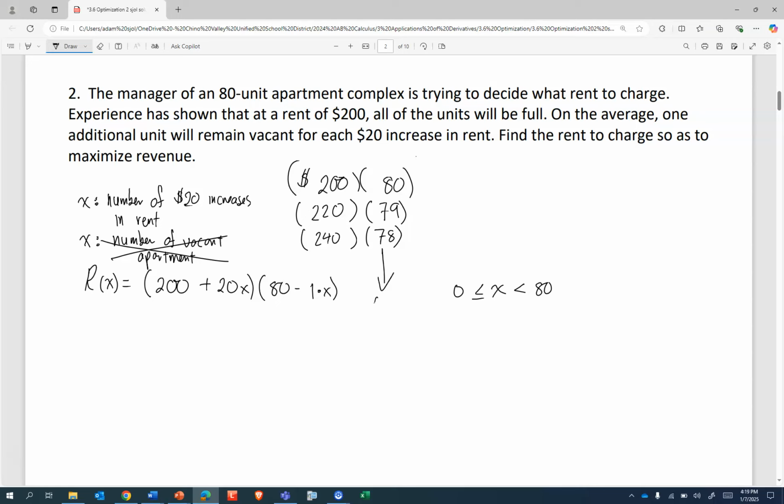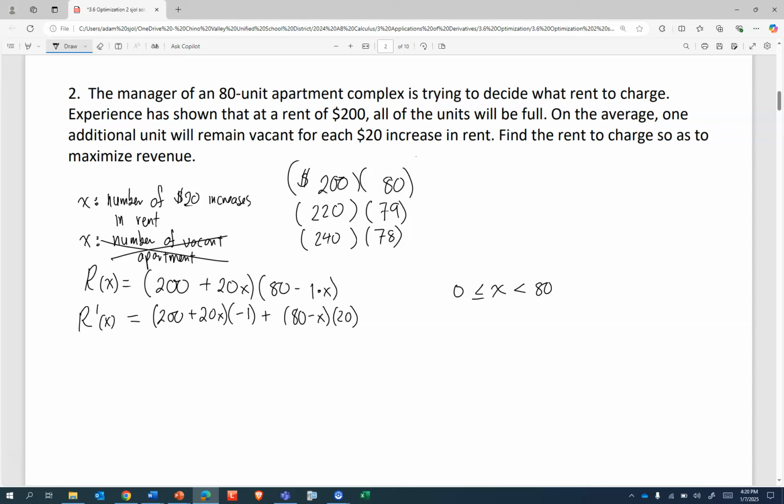Okay, so let's not multiply everything out. Let's just do the product rule here. So r prime of x is going to be 200 plus 20x times negative 1 plus 80 minus x times 20.